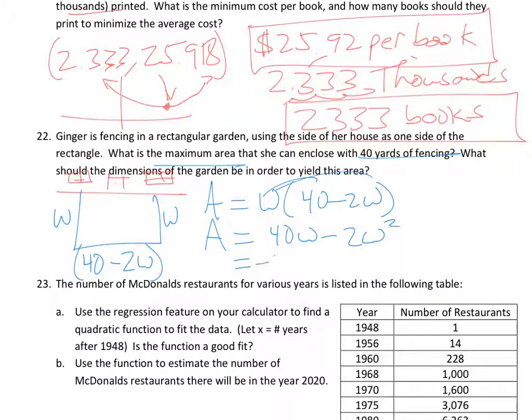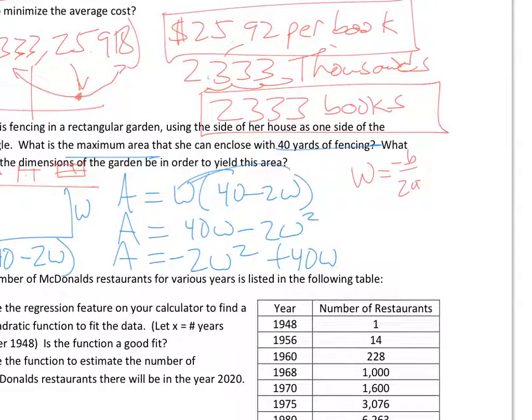Let's actually put this in standard form. Negative 2W squared plus 40W. There it is in standard form. Let's do our negative b over 2a, the axis of symmetry. The axis of symmetry is a way to find the vertex. So negative b over 2a. And b, when we put it in standard form, is this 40 here.